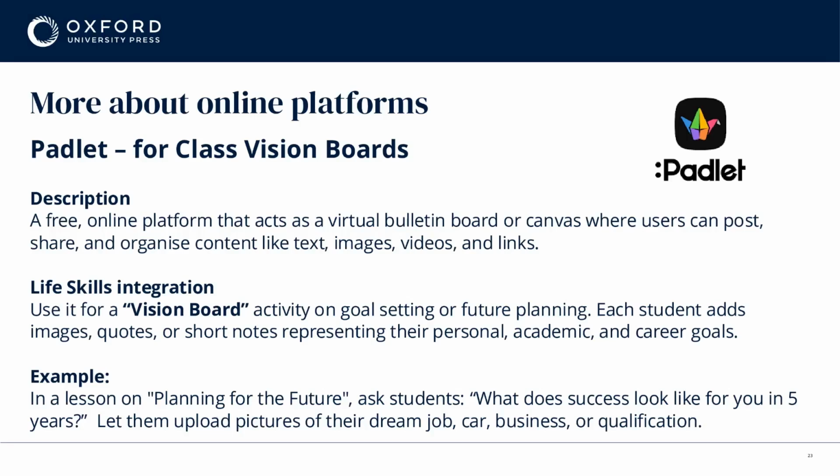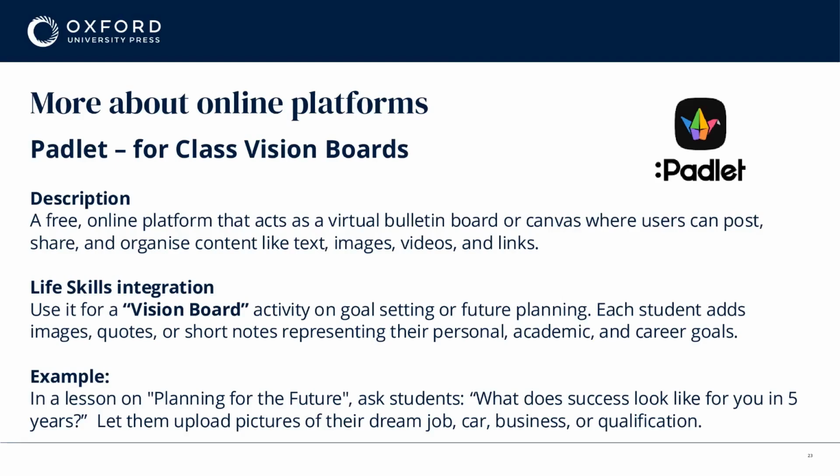Each student adds images, quotes, or short notes representing their personal, academic, and career goals. For example, in a lesson on planning for the future, ask students, what does success look like for you in 5 years? And let them upload pictures of their dream job, car, business, or qualification.